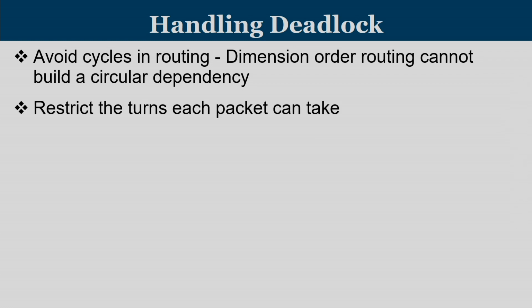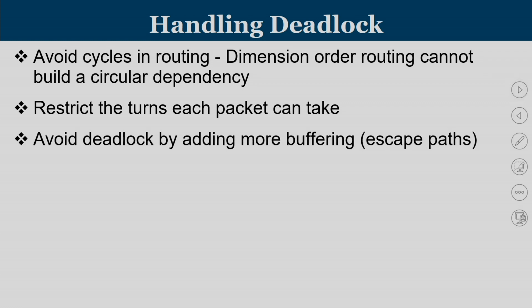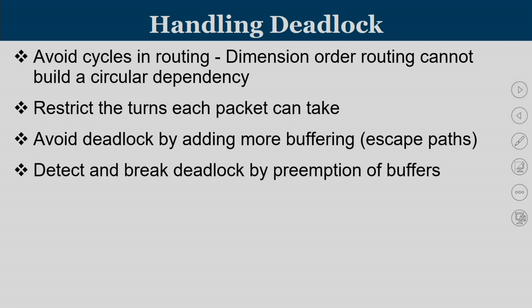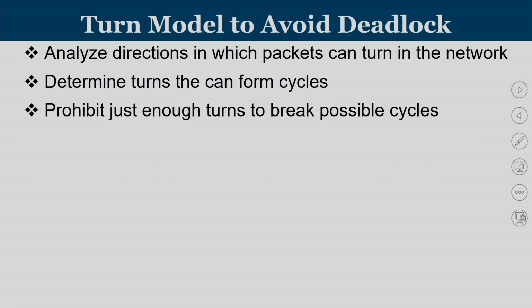In dimension order routing, we are trying to restrict the turns each packet can take, and we can have more buffers incorporated, such that there can be escape paths to break the deadlock cycle. Deadlocks can be detected and broken by preemption of buffers.